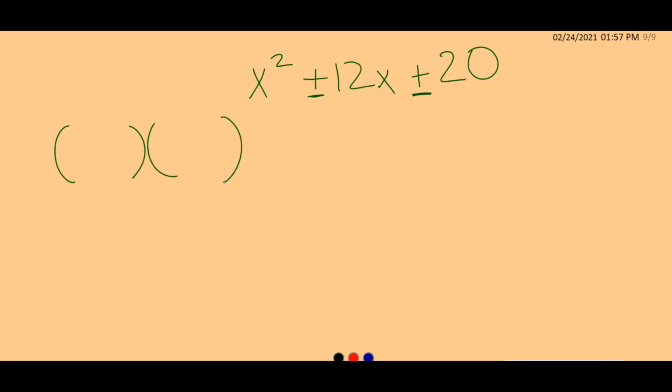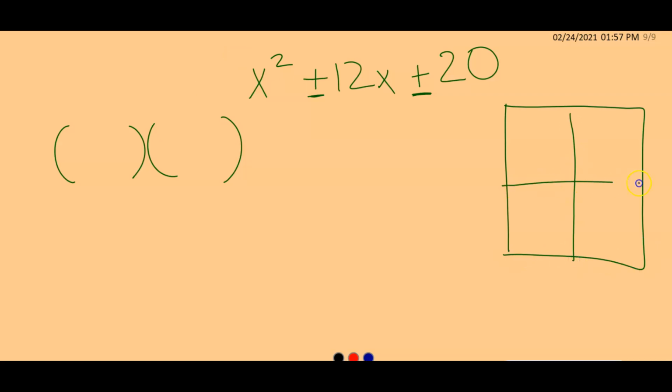So let's set up our two parentheses, and on the other side, we'll set up our area model, all right? Remember, one of the binomials is going to get written here, and the other one is going to be written up here. So let's start this method, the Berry method.